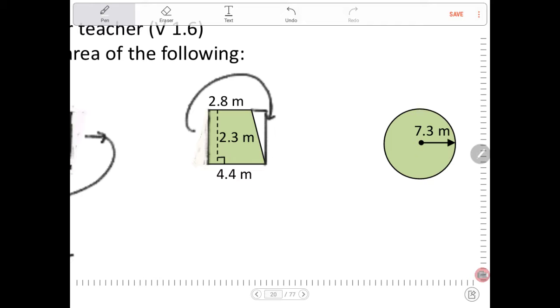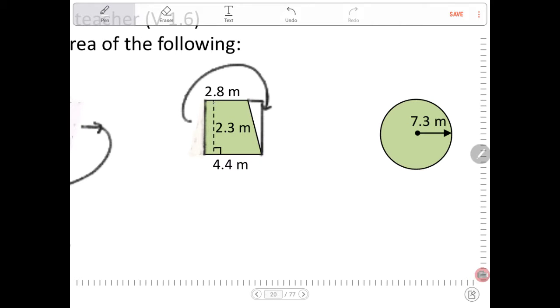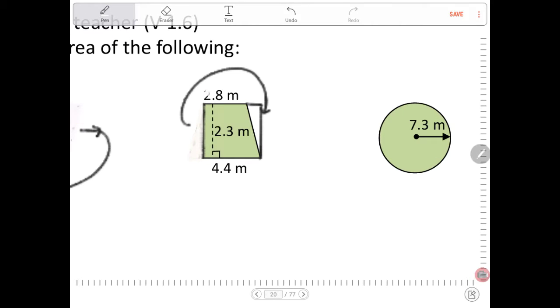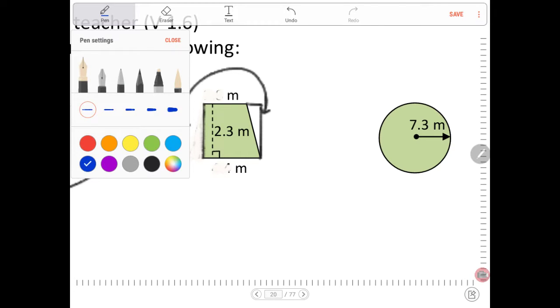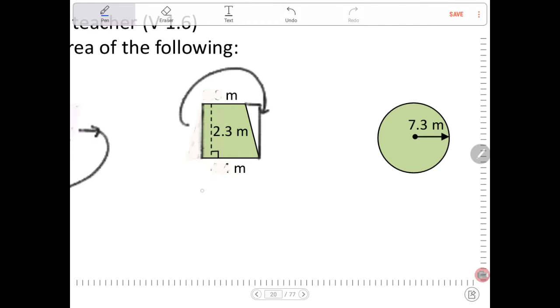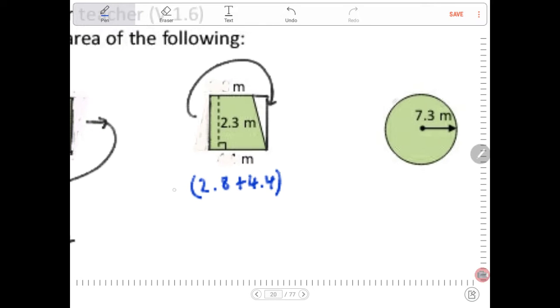Now clearly the height of this rectangle up this way is 2.3 metres, but what is the side length? Well, they're not 2.8 and 4.4 anymore. They've changed. And to find out what they are, we take those two side lengths, add them up, and average them. So 2.8 plus 4.4, and if we halve that, we're finding the average.